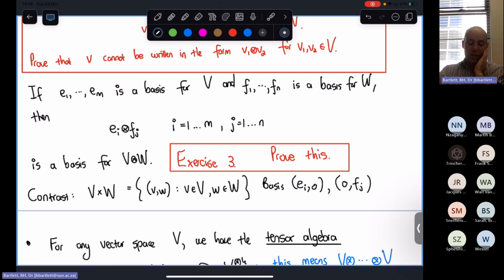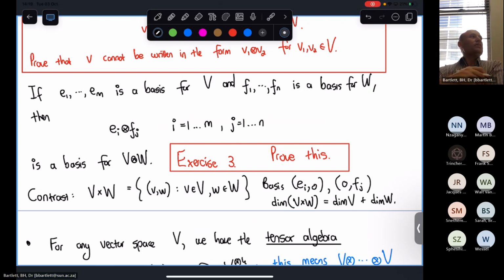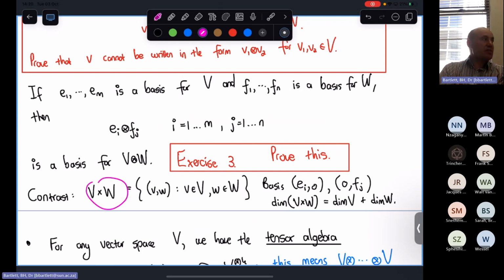So that means that the dimension is going to be the sum of the dimension of V plus the dimension of W. Usually we do this in undergraduate linear algebra.